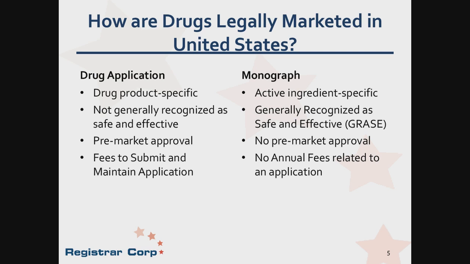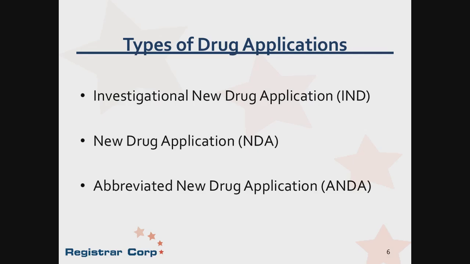If the drug formulation or claims on the labeling fall outside a monograph, then the company must file a new drug application prior to marketing. The drug is not to be marketed until the application has been approved by FDA.